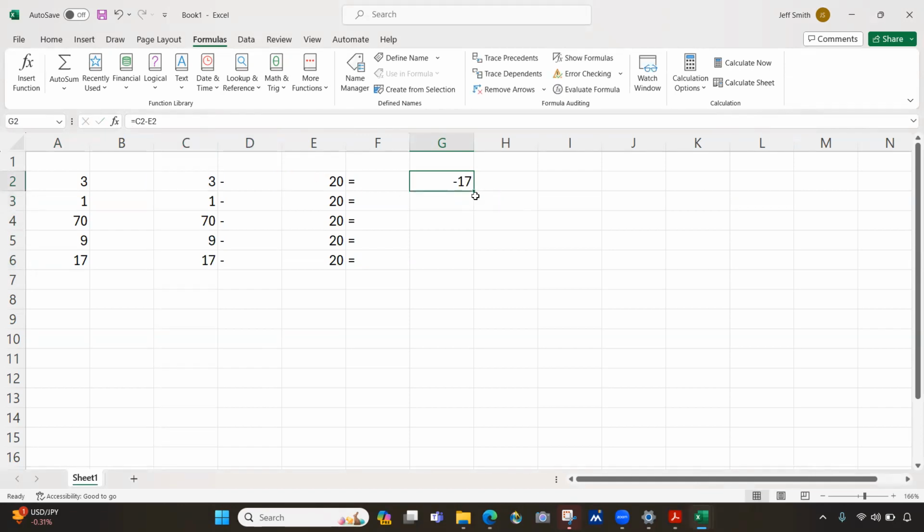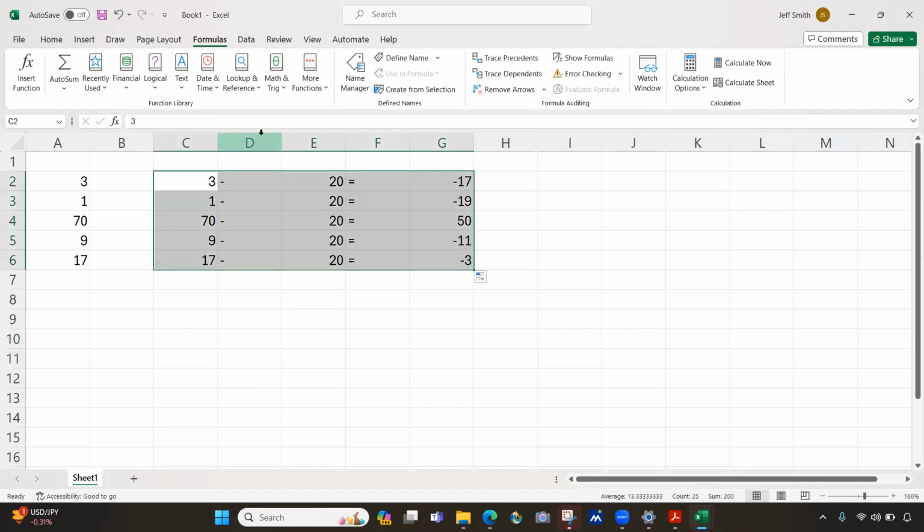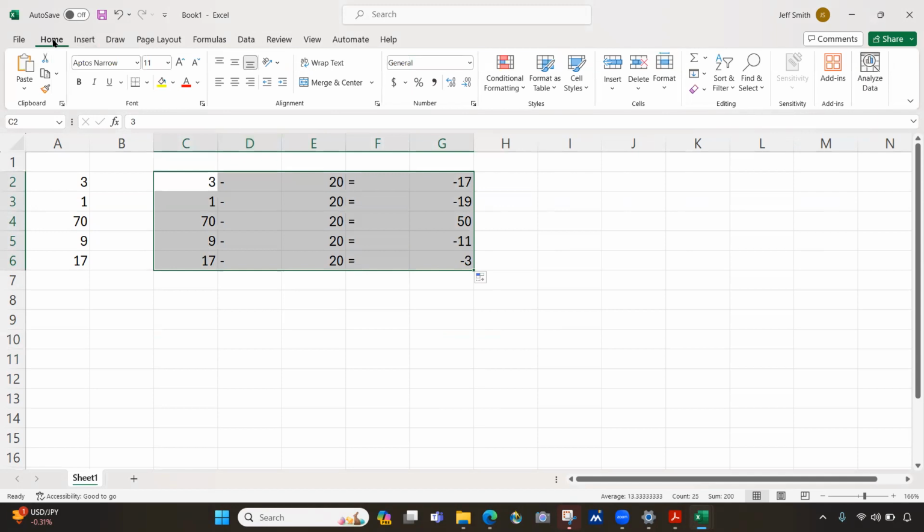This will be negative 17, and you have to do it using your calculator. Okay, negative 17, negative 19, positive 50, negative 11. That looks about right. Now, this is what we did. It's all here. Make sure you understand what's going on.